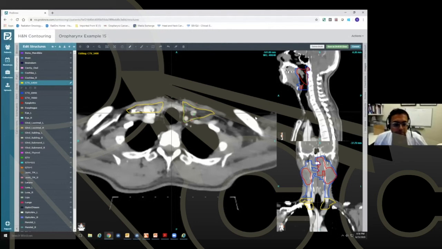There we go. All right. And we have another question. Now that we're at this level, are we concerned about the fat space between the carotid and the esophagus? Would you contour it, or would you stop at the medial edge of the carotid? I would stop at the medial edge of the carotid.